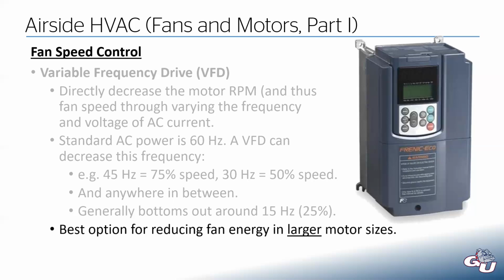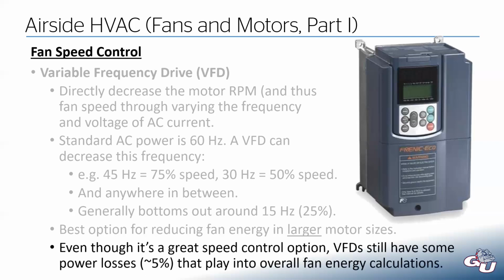And a VFD, this is the best option for reducing fan energy in larger motor sizes. So if I had a 50 horsepower motor that I wanted to convert to a variable system, a VFD is what would do the job for me. But even though it's great, there are still some losses here.